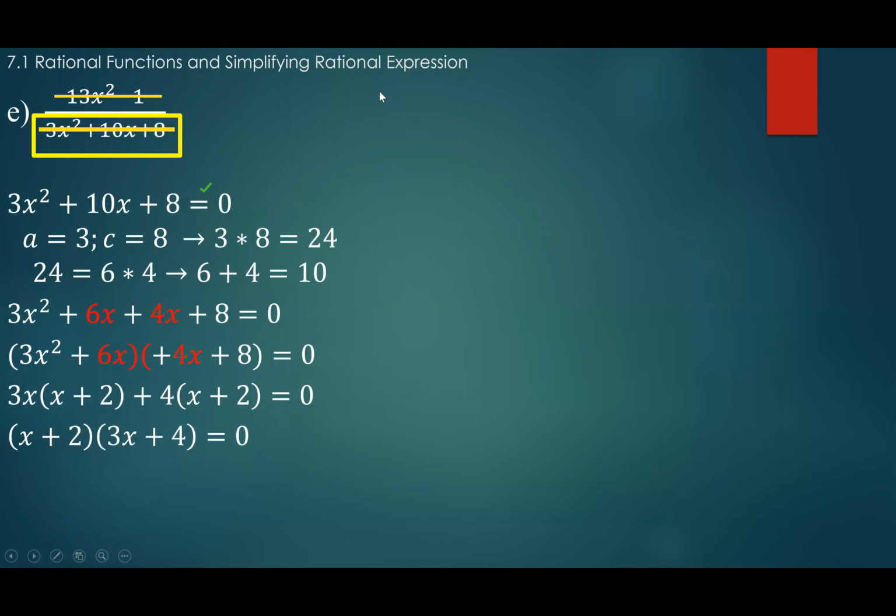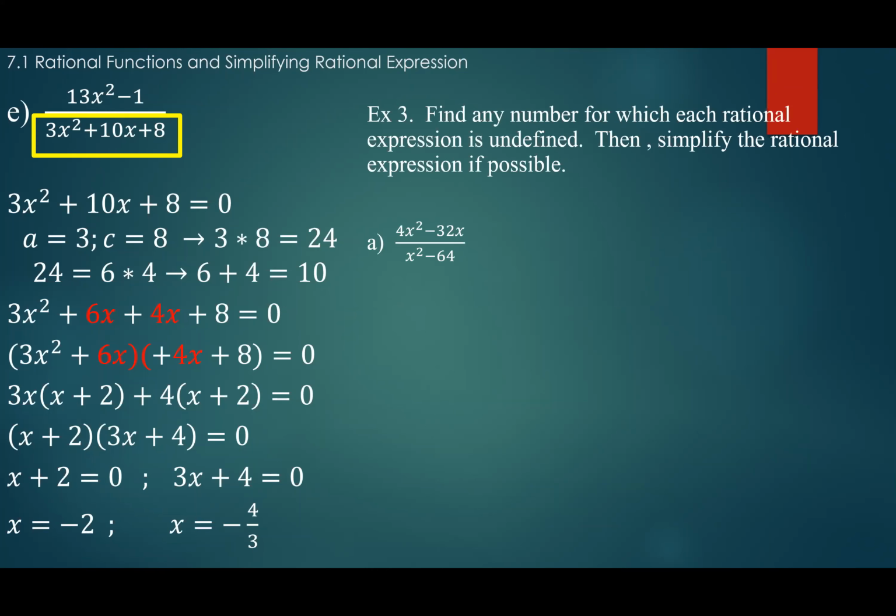We're still not done because it's equal to 0. We have to say x plus 2 equals 0 and 3x plus 4 equals 0. How do I solve for x? I subtract 2 to give me x equals -2. I subtract 4 to give me -4 over 3. Those are the two values that make this item undefined.